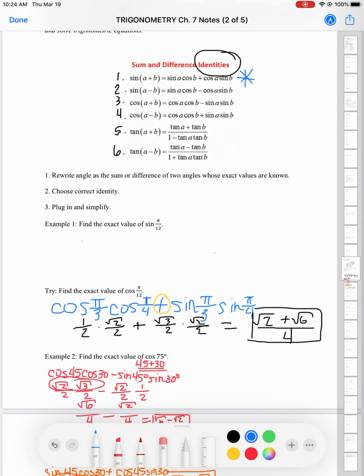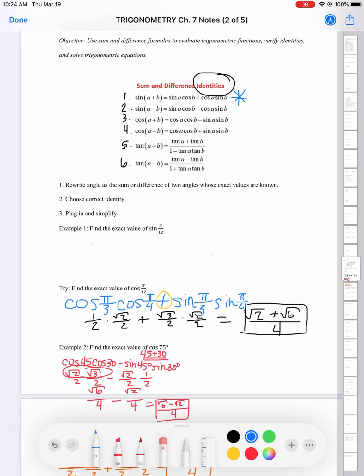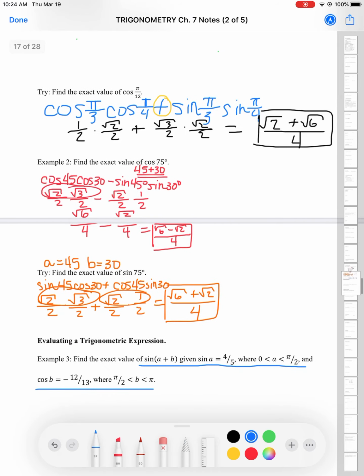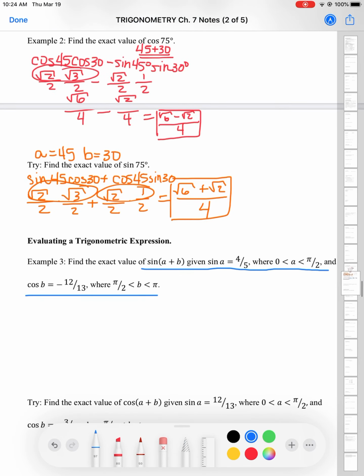Sine A plus B equals sine A cosine B plus cosine A sine B. So let's just copy that down under here. So we need to know that sine A plus B equals sine A cosine B plus cosine A sine B.